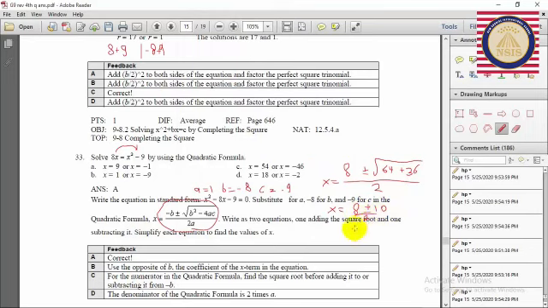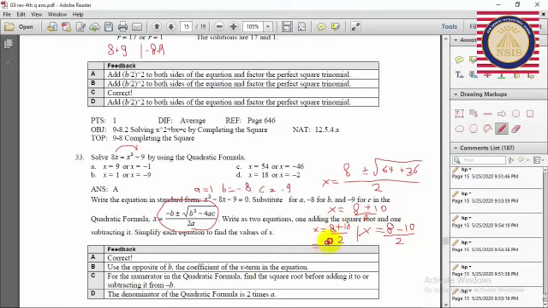How can I solve it? I solve it in two ways. x equals 8 plus 10 over 2, or x equals 8 minus 10 over 2. Here, 8 plus 10 is 18, 18 divided by 2 equals what?